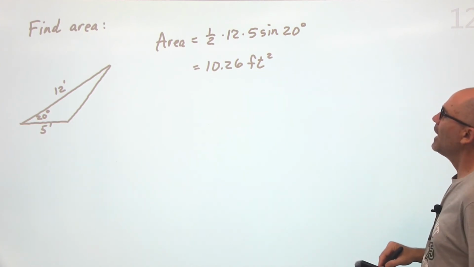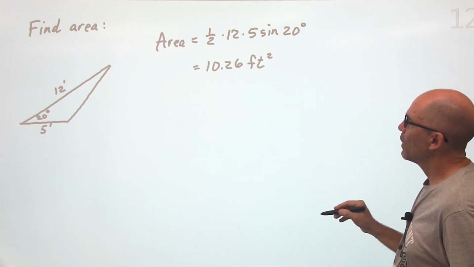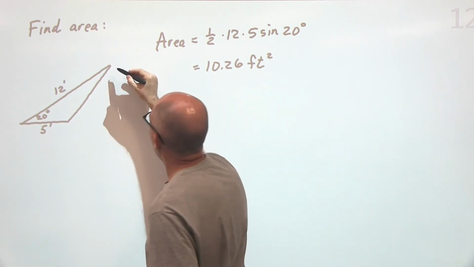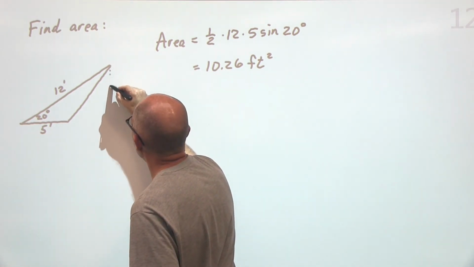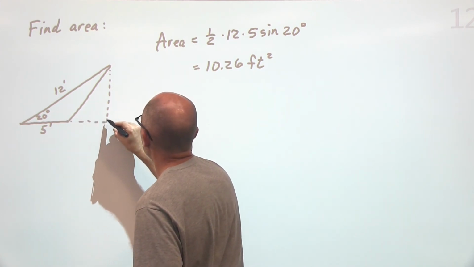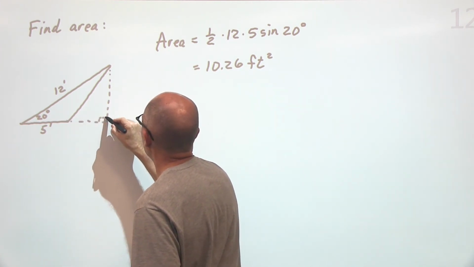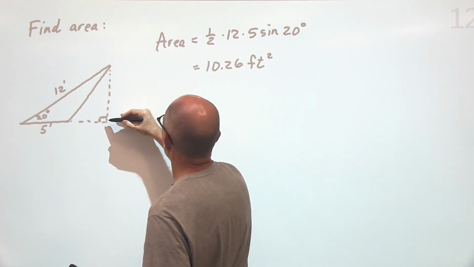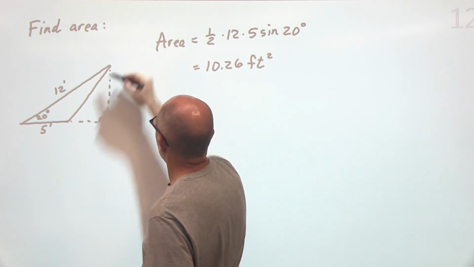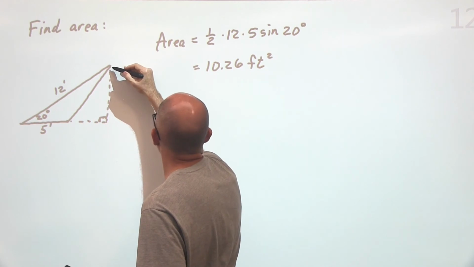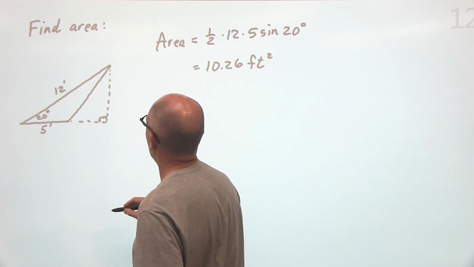Okay, now, you want to also look at this and see if it makes sense. What would the height be if we dropped a perpendicular down here? Looks like the height would be about, let's see, if this is 5 here, it looks like that could be about 6.